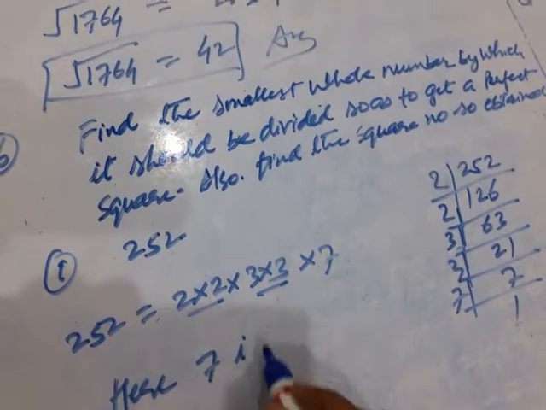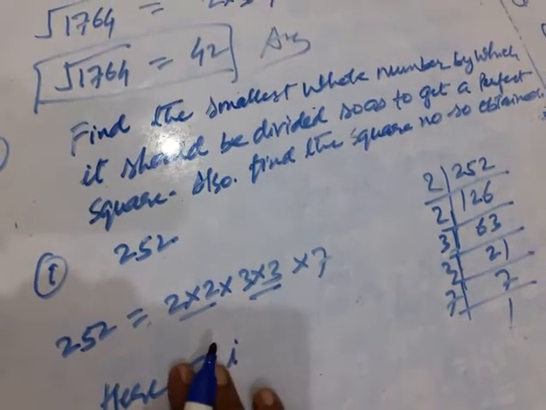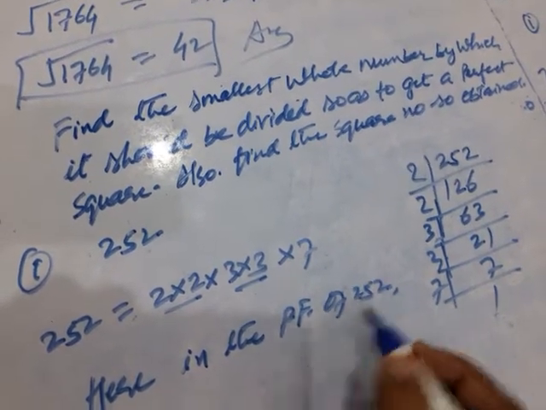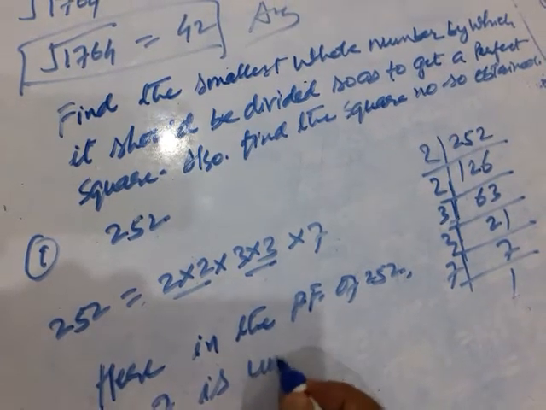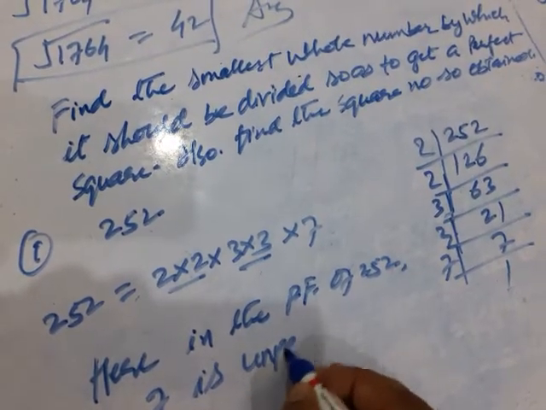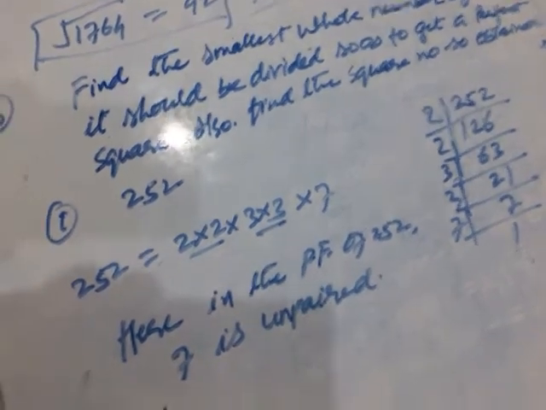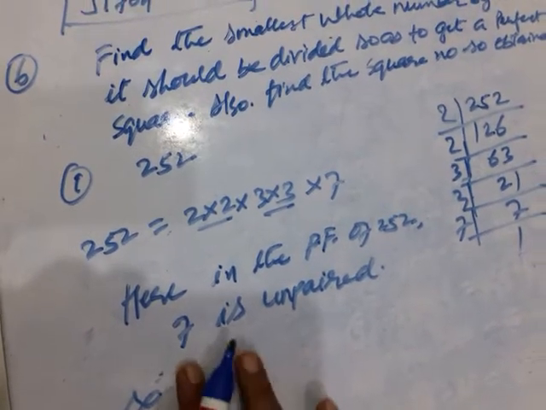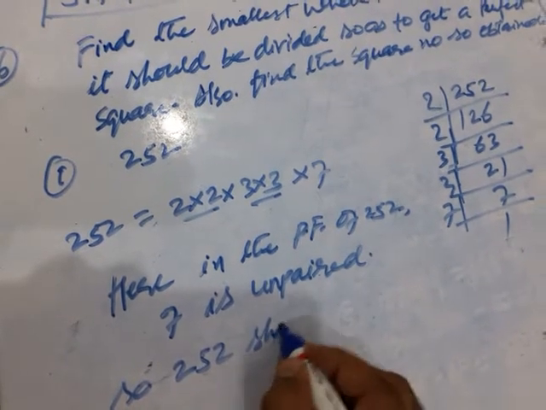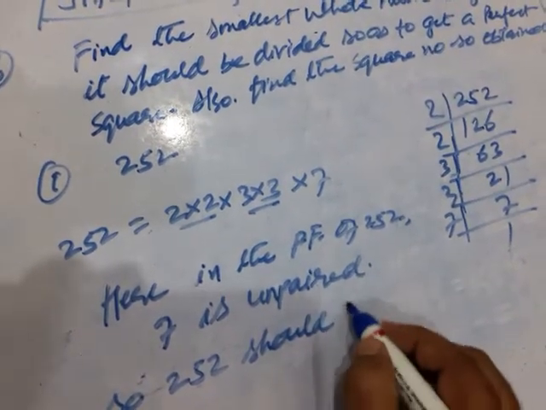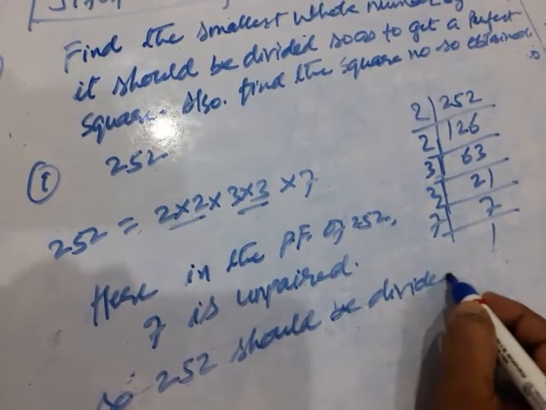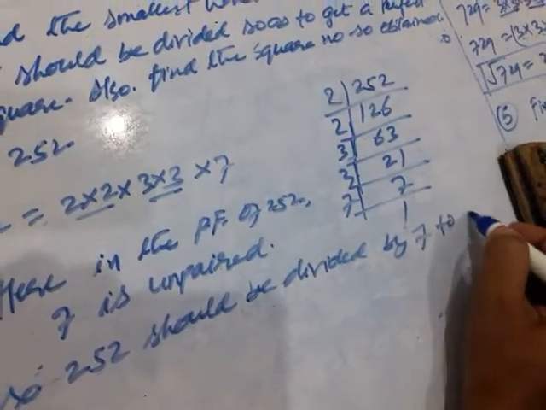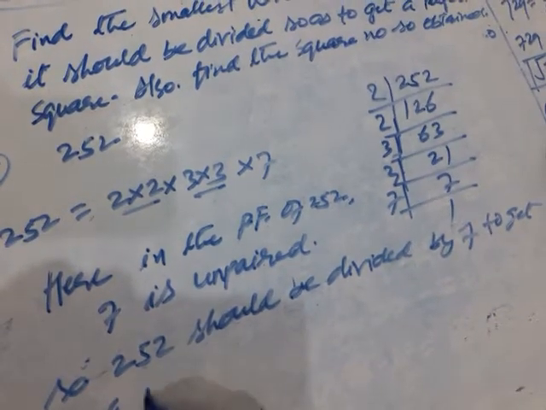Here 7 is unpaired in the prime factorization of 252, so 252 should be divided by 7 to get a perfect square.